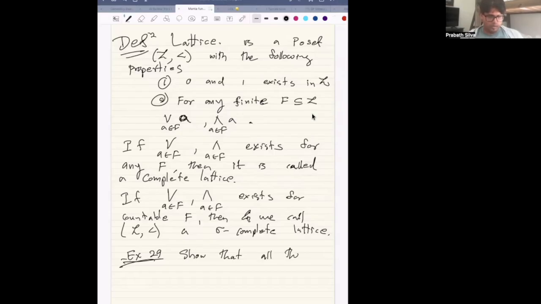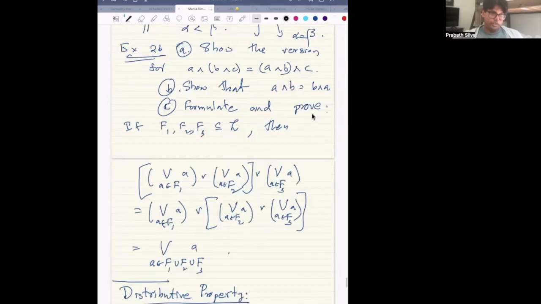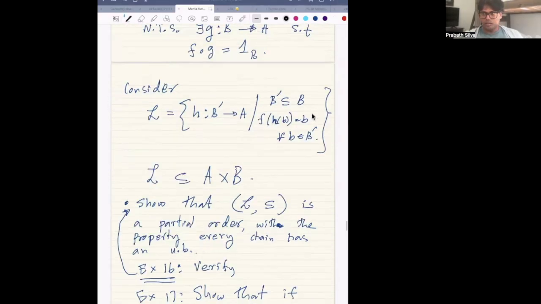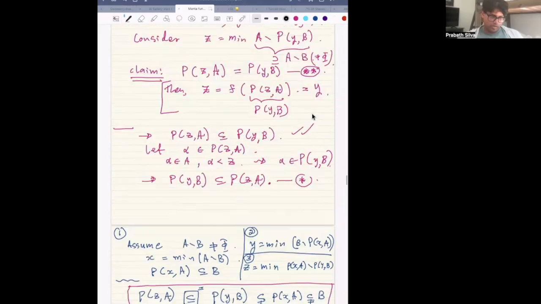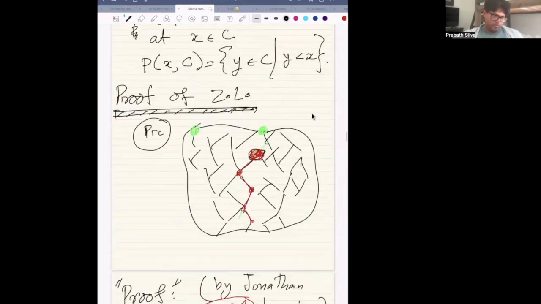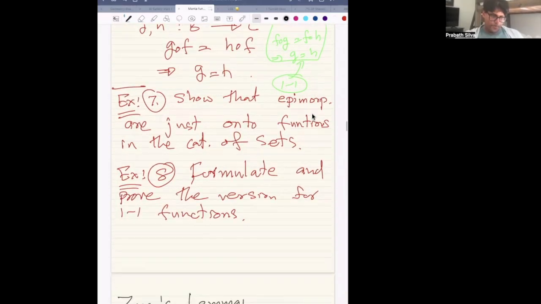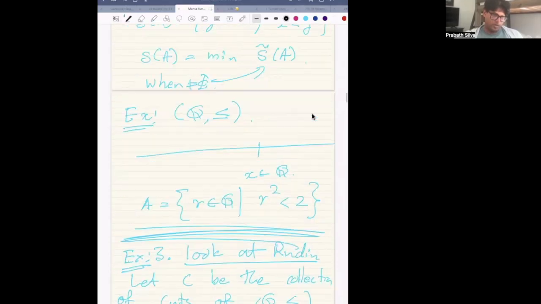All the partial orders we had, and we had a huge list of them at the very beginning, are lattices. It's on Piazza too.